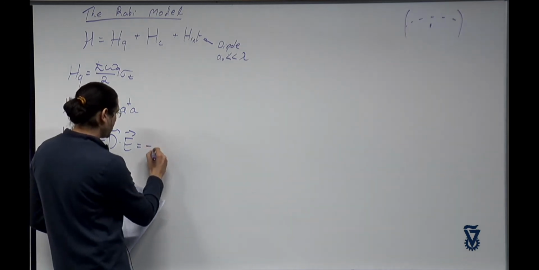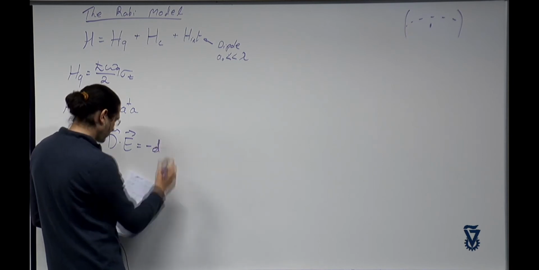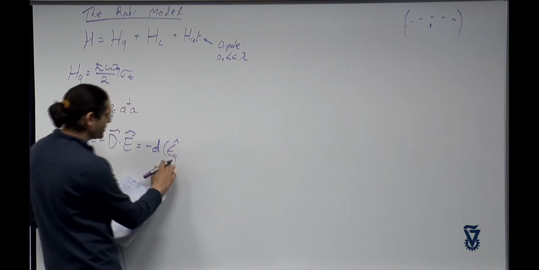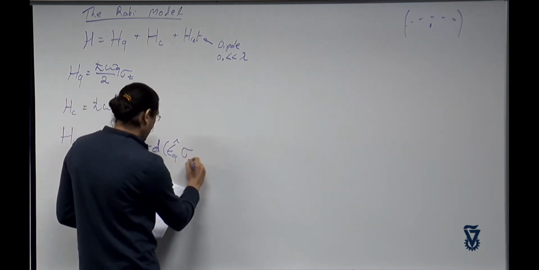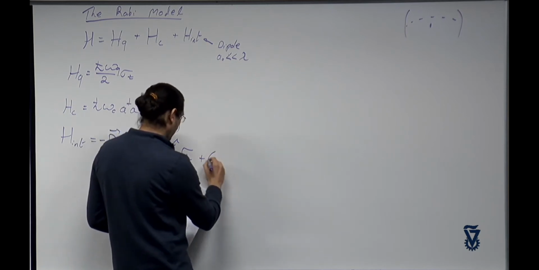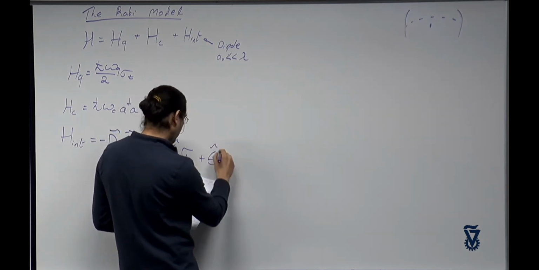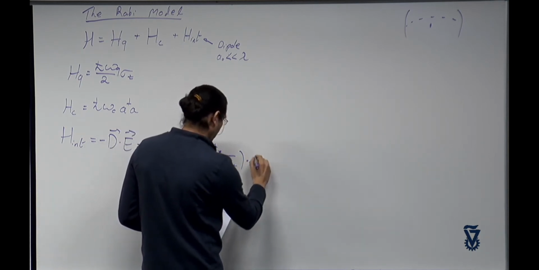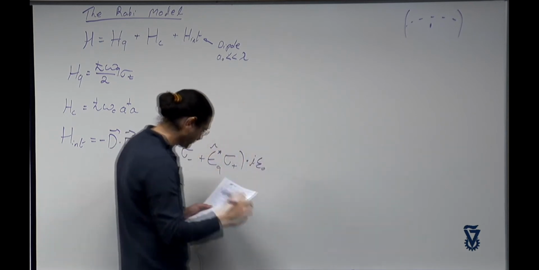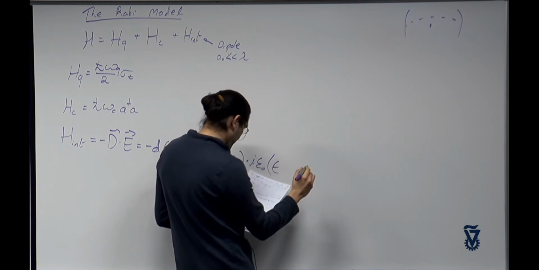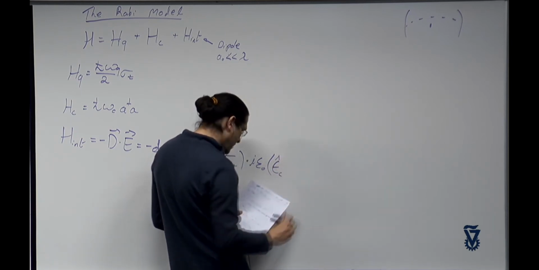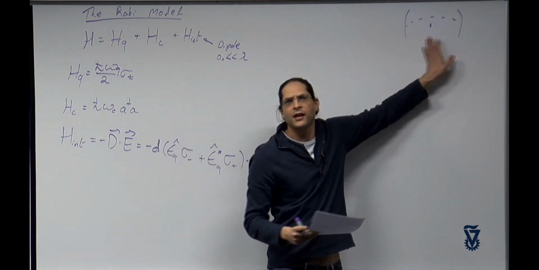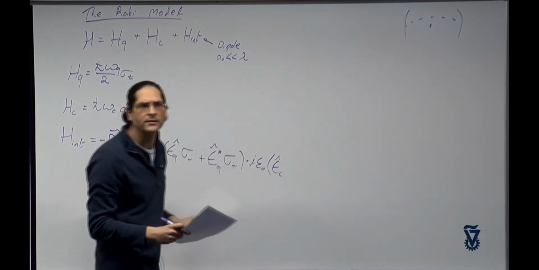So it's going to look like this: minus d, epsilon_q, this is the polarization of our atom, sigma minus, plus epsilon_q star sigma plus, dot i epsilon_0, epsilon, this is the polarization of the field. Although if you're thinking of a cavity really, and a one-dimensional model, we're going to drop that soon. Okay.